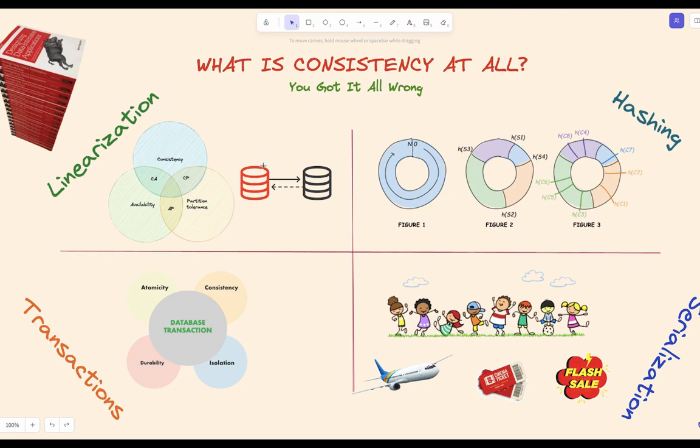Now, what happens when you make a write to the orange replica? It takes some time to replicate that write to the black replica, right? This is called replica consistency. That is, whatever write you made at the primary one, you need to replicate across the secondary read replicas as well.